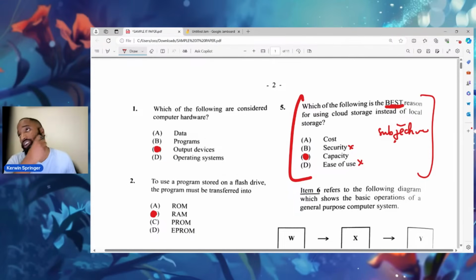Then again, what kind of security are you talking about? Because with offline, you're at risk of fire, theft. 5 is a real iffy one. A, B, and C could work in my opinion.